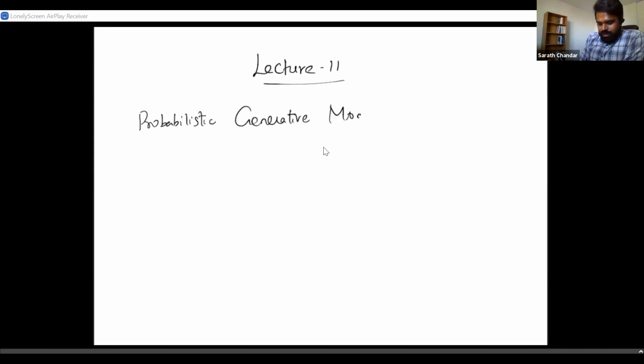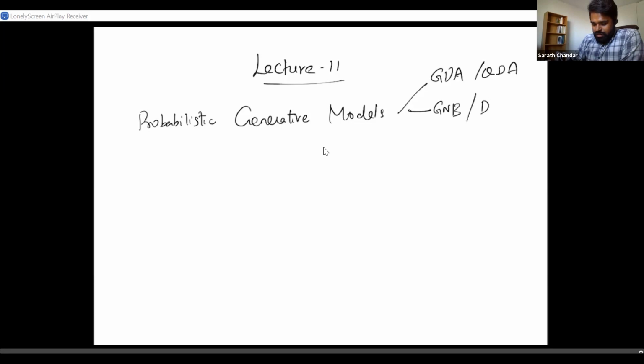We looked at a whole family of algorithms, starting from GDA and its nonlinear version QDA, and the diagonal approximations of these, which become Gaussian naive Bayes and diagonal GDA. And then we also looked at the discrete version of the naive Bayes algorithm, for when your input X is discrete. So this is where we stopped.